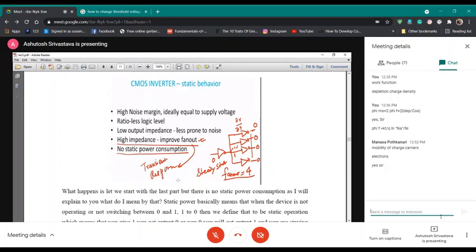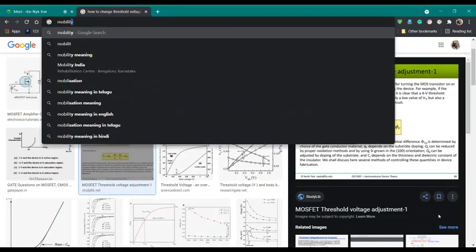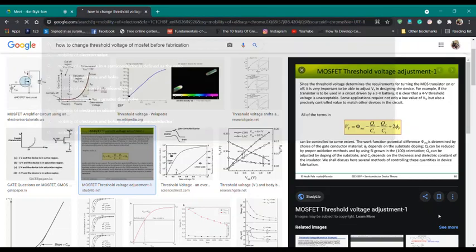So the two currents would be the same if you increase or decrease the W by L ratio of NMOS with respect to PMOS. So to what order are the mobilities of electrons and holes different?